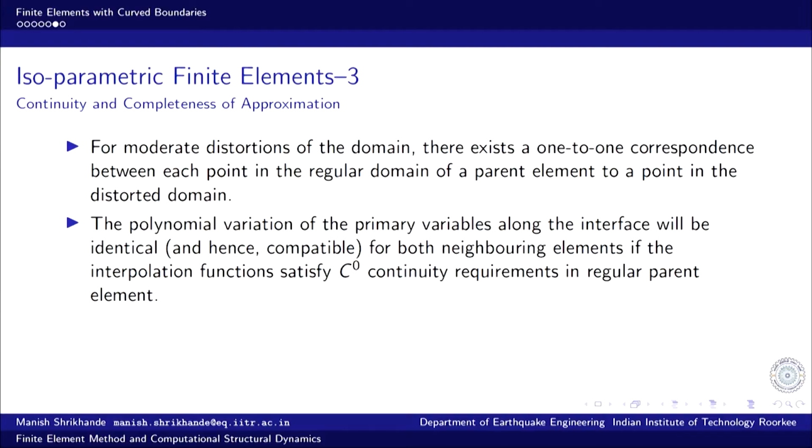Assuming that this one to one correspondence exists, the polynomial variation of the primary variable along the interface will be identical, and hence compatible, for both neighboring elements if the interpolation functions satisfy C0 continuity in the regular element.